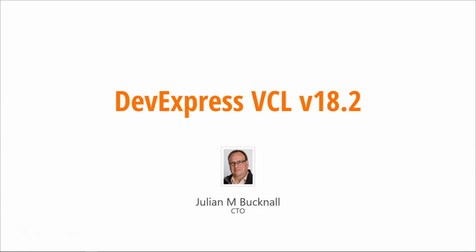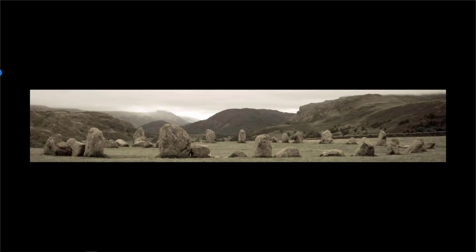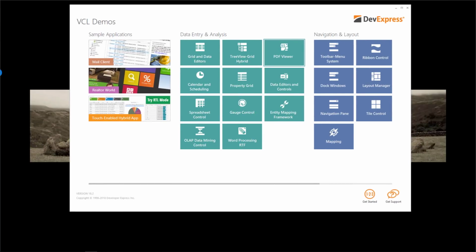So DevExpress VCL 18.2, time for some in-action demos. What I'm going to do is bring over the VCL demo application. And right to left was the first thing on my list. As I said, we've added right to left language support and a whole list of controls.